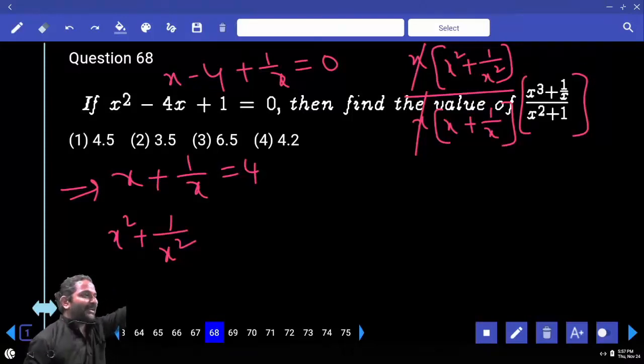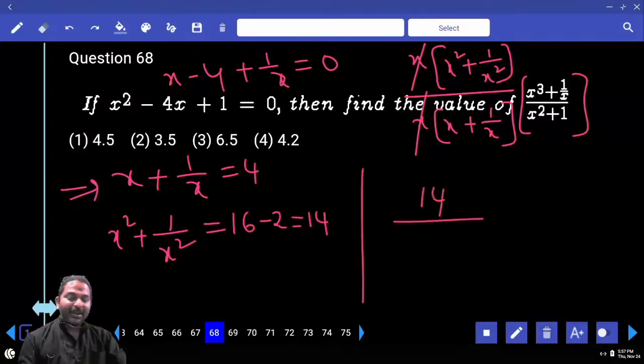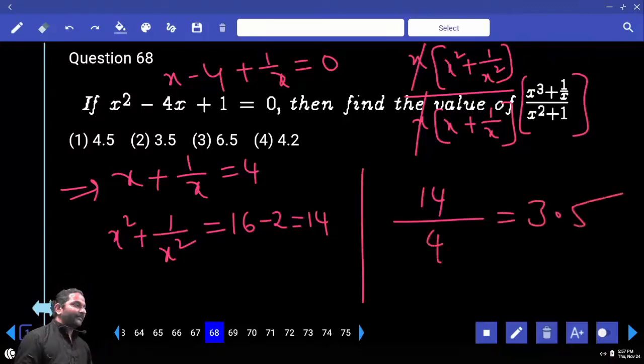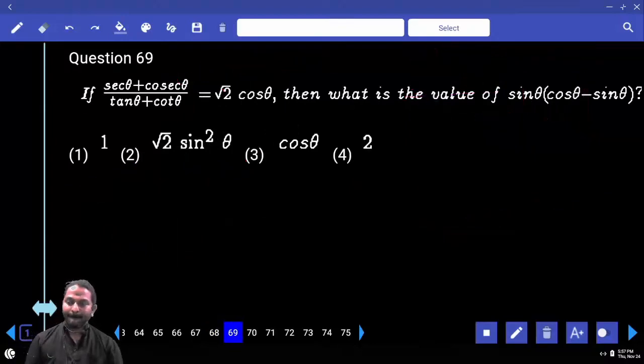Right hand side is 4 square, 16. Plus 2 goes to the other side, 16 minus 2, which is 14. Then just substitute values. Numerator x square plus 1 by x square is 14, and the denominator x plus 1 by x is 4. Answer 3.5. Done. Understood? Right.